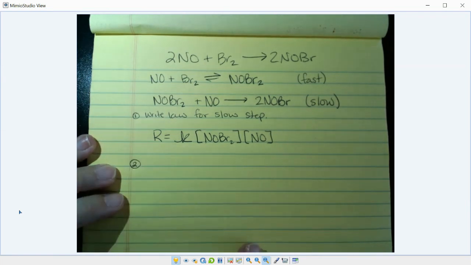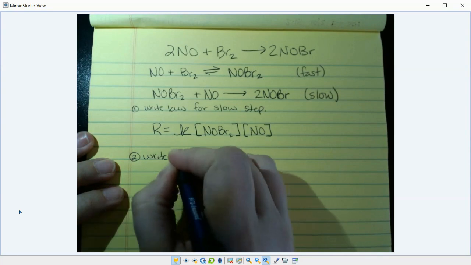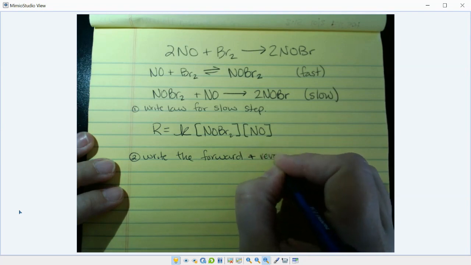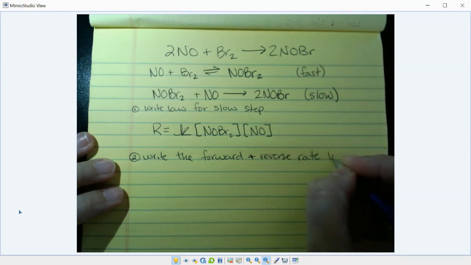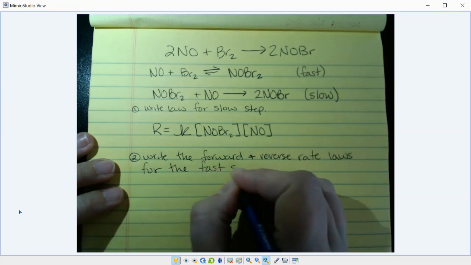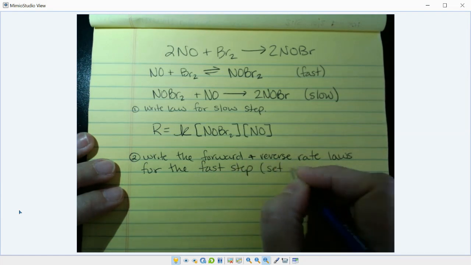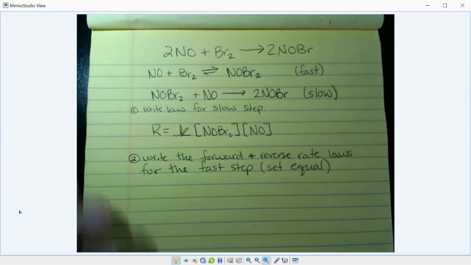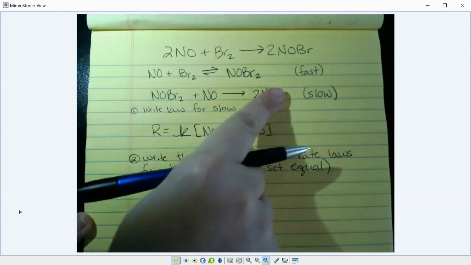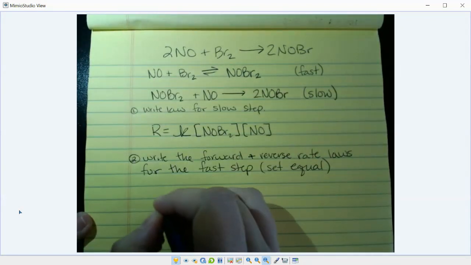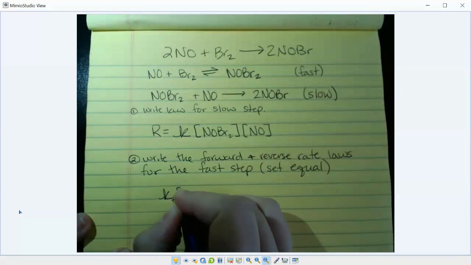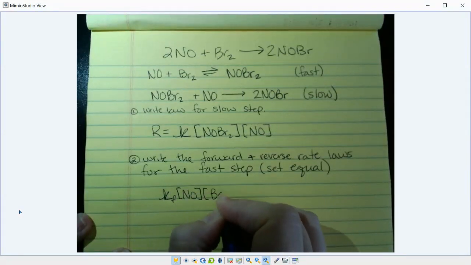So then the second thing we have to do is write the forward and reverse rate law for the fast step. And we're actually going to set them equal to each other. So if I look at this fast step, going in the forward direction, the rate law for the fast step going in the forward direction would be rate equals K, and I'm going to do a sub F because it's going in the forward direction, times NO and times Br2.